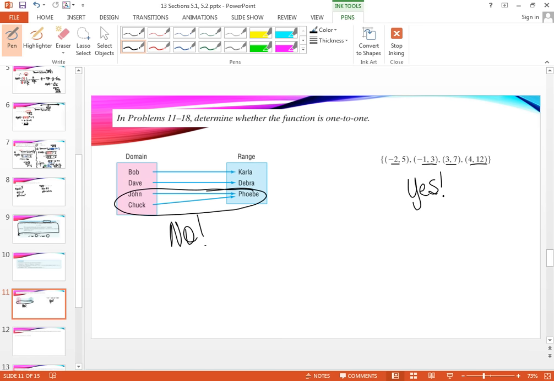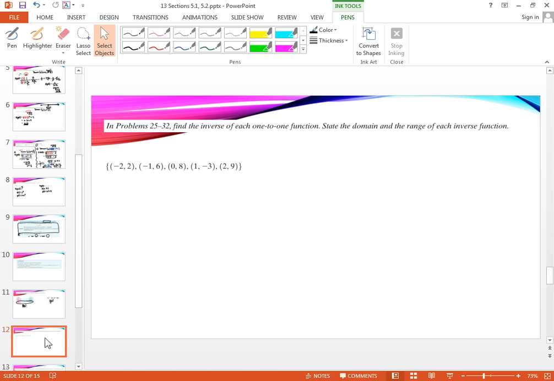Okay. All right, so how about we do it? I'll tell you this one's 1 to 1. You can check it again, but it is 1 to 1. So I can write the domain of this function, right? The domain of this set of ordered pairs are all the x values from the ordered pairs.